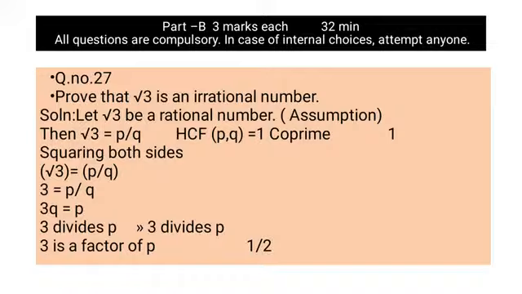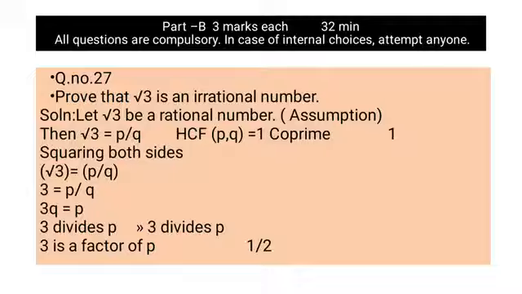Prove that root 3 is an irrational number. We suppose that root 3 is a rational number. Then root 3 is equal to p upon q, where p and q are co-prime, meaning having only 1 as a factor.